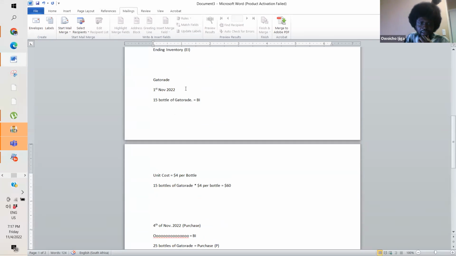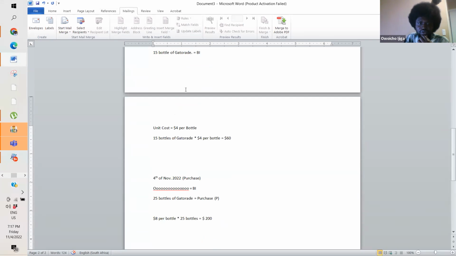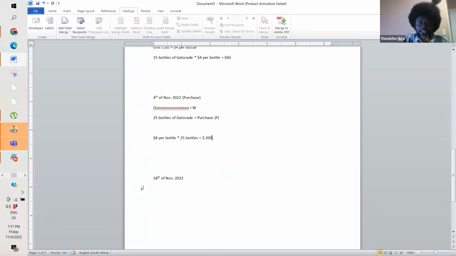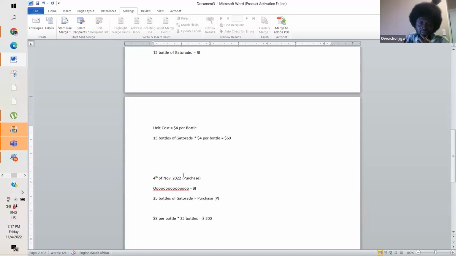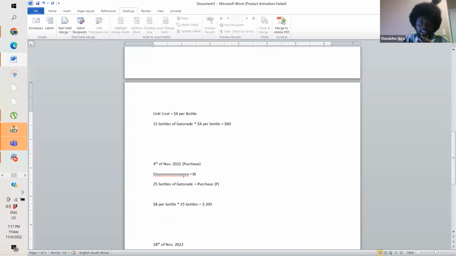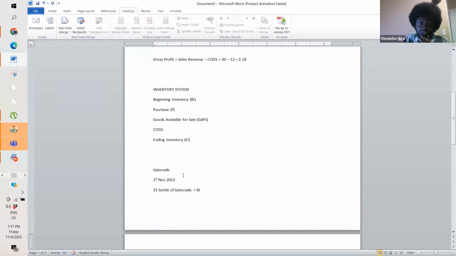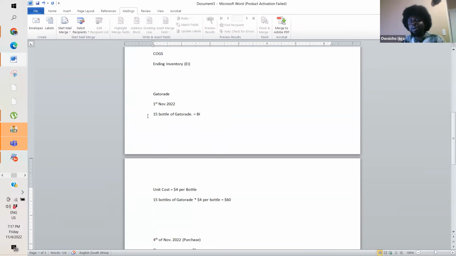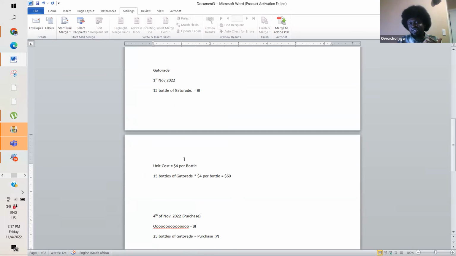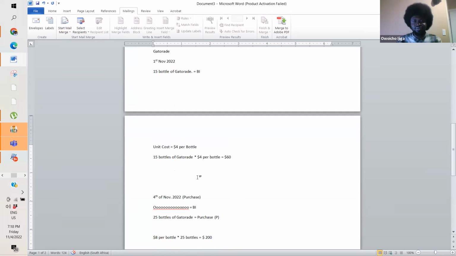And let's go back to these and understand our terms more. On the 18th, that means I have what? Here I have 25 plus 15 bottles. Remember, my beginning inventory was 15 bottles, and then I purchased 25 more. So it becomes 25 plus 15, right?